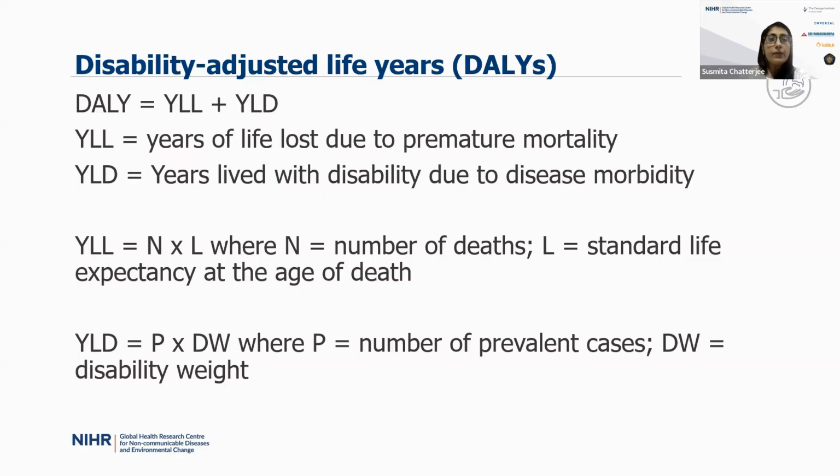That means years of life lost due to premature mortality is 60 years, if that is the life expectancy of that country. Every country has a life expectancy table. So from that table, if at the age of 10 the life expectancy is another 60 years, then those 60 years are lost because of the premature mortality. And then YLD, years lived with disability due to the disease morbidity. This is what I said.